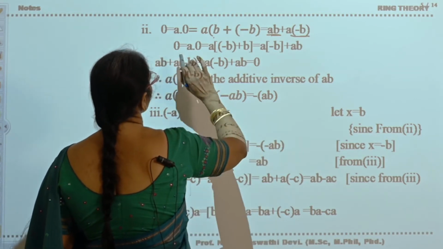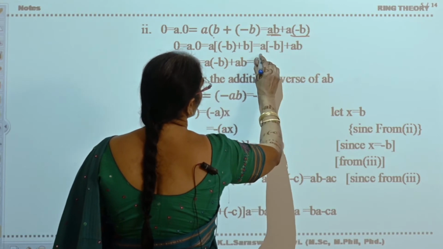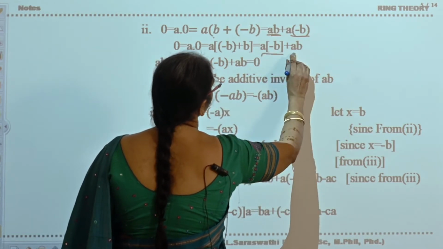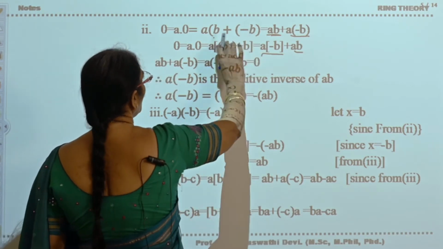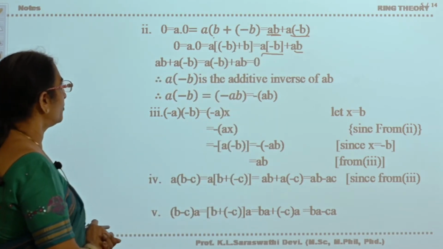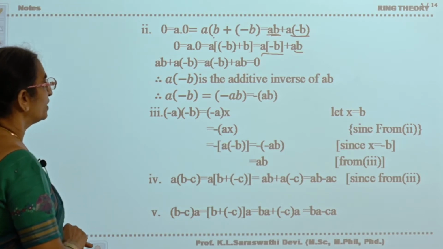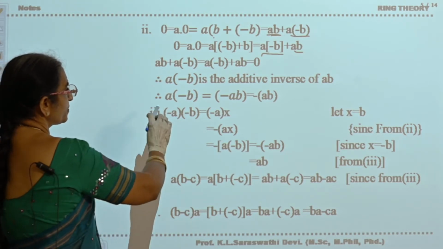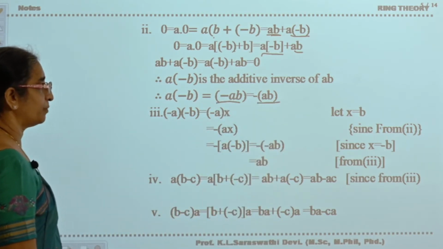So 0 = a·0 = a·(-b) + ab. Therefore, a·(-b) is the additive inverse of ab. Similarly, (-a)·b = -ab. That is the second property.